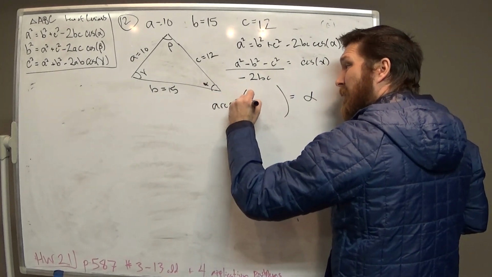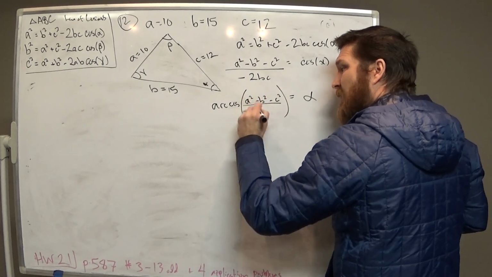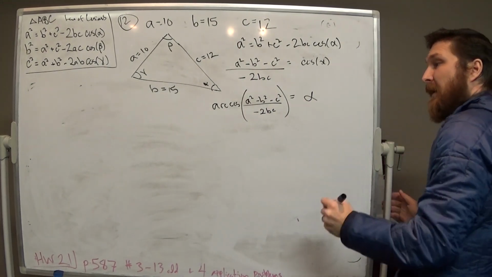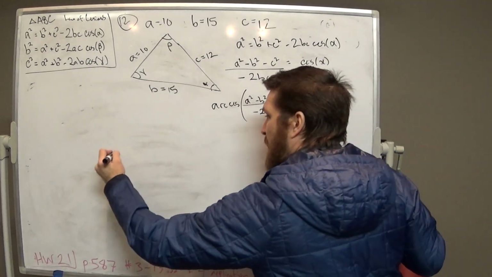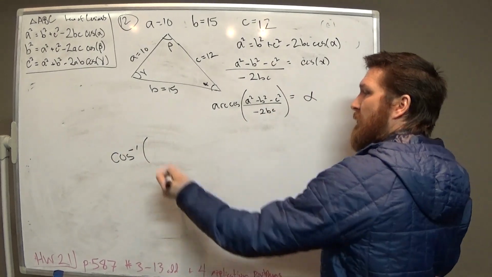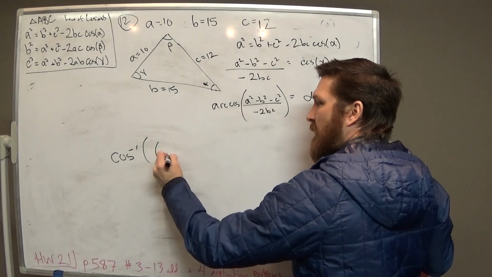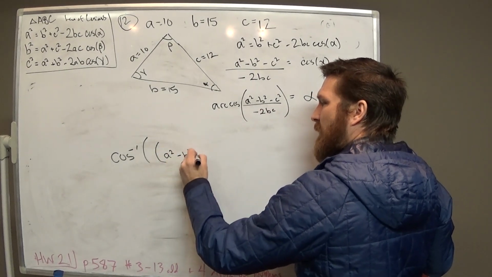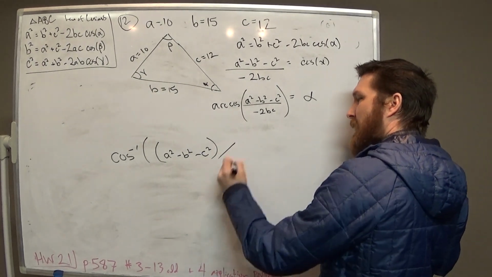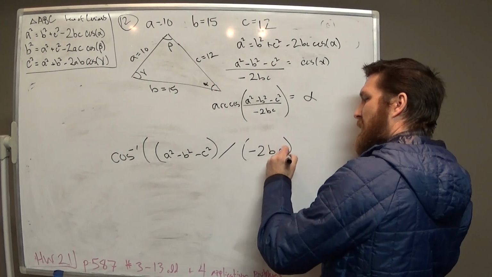If you're comfortable plugging something like this into your calculator, you need to use parentheses very well. You would need parentheses for the top, all that stuff: A squared minus B squared minus C squared, end parentheses, divide by parentheses, negative 2 times B times C, end parentheses.